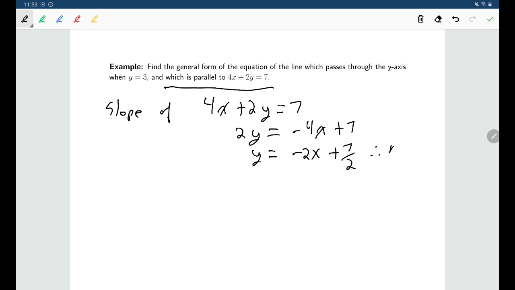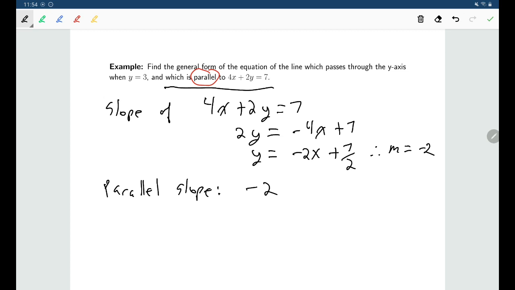And so my slope is -2. And I know that our line is supposed to be parallel to this, which means it has to have exactly the same slope. The parallel slope is also -2.